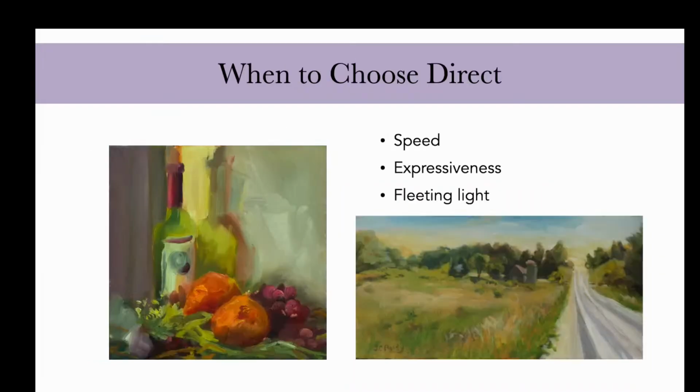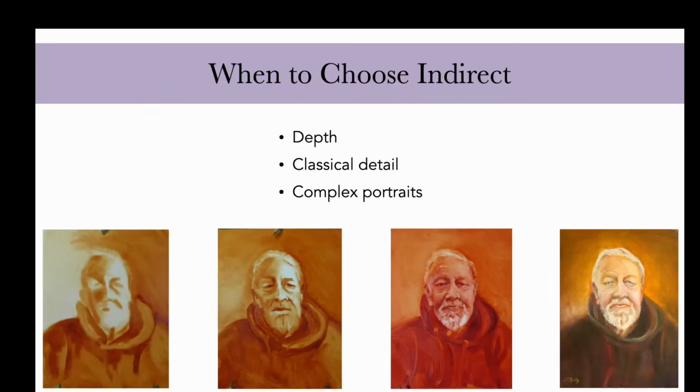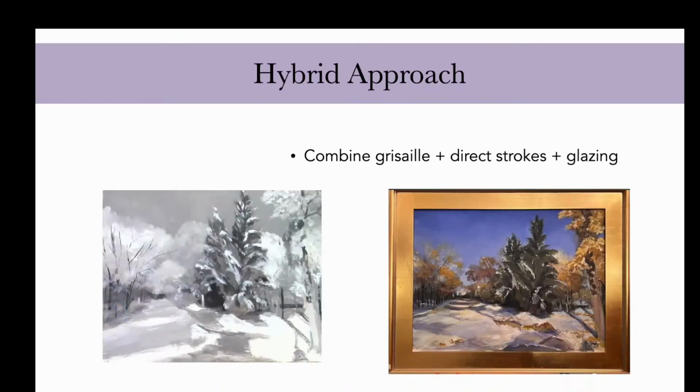Choose direct when speed, immediacy, or energetic brushwork is needed, especially under changing light. Choose indirect when you need controlled modeling, smooth transitions, and refined detail, especially for complex portraits or classical finishes. Many painters blend both.